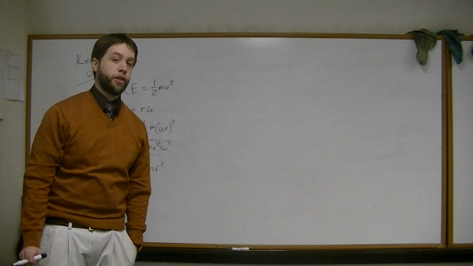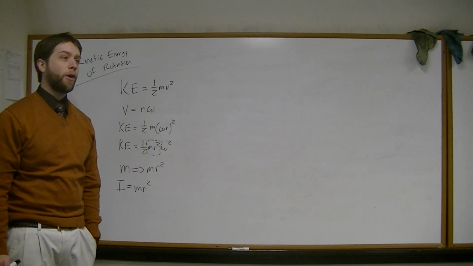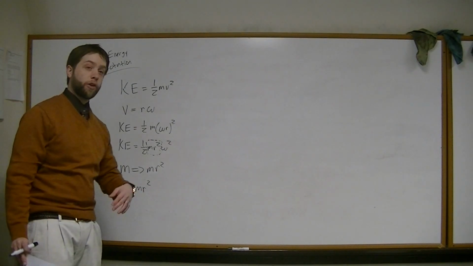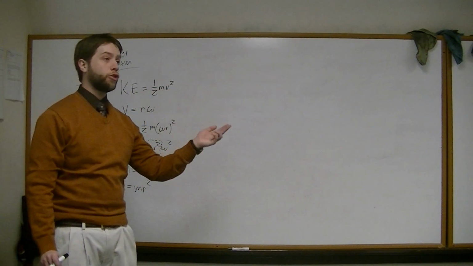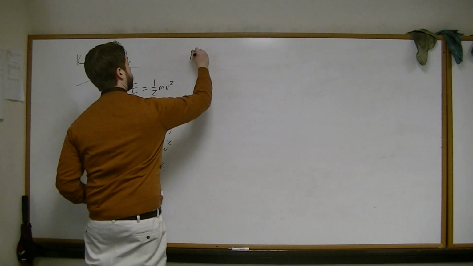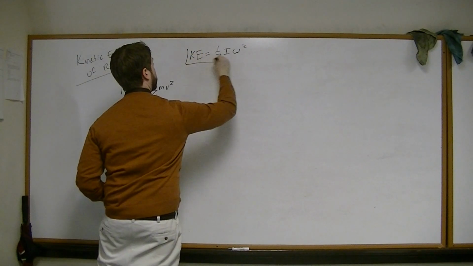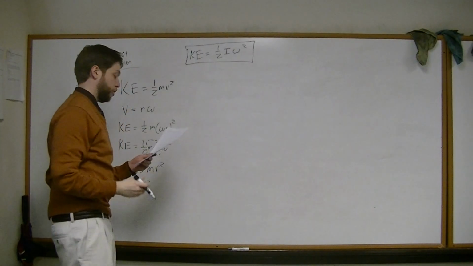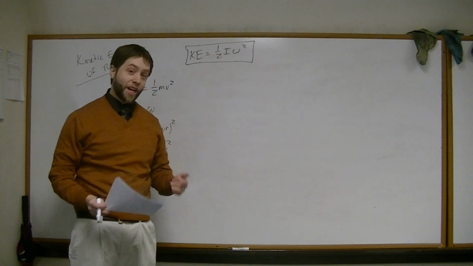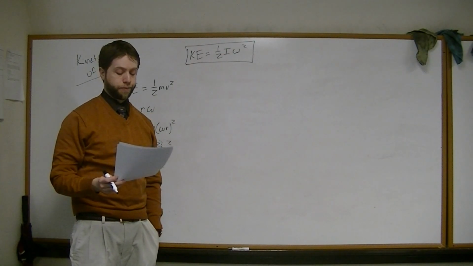The moment of inertia, I. It's the mass of the object multiplied by how far away it is from the axis of rotation. So r refers to the distance from wherever you're trying to rotate from. And now our kinetic energy becomes 1/2 I omega squared. This is the kinetic energy of rotation. 1/2 I omega squared. I is our rotational inertia, and omega is our angular velocity.